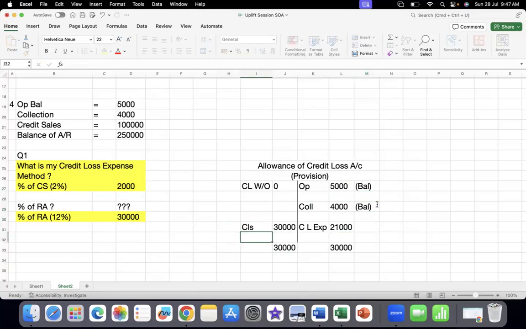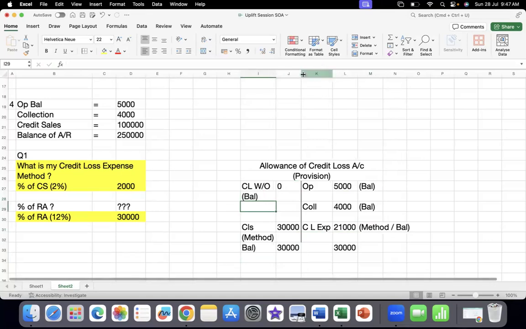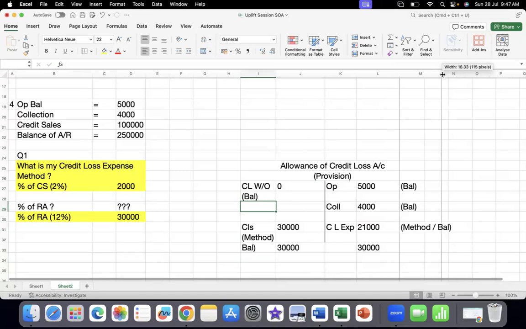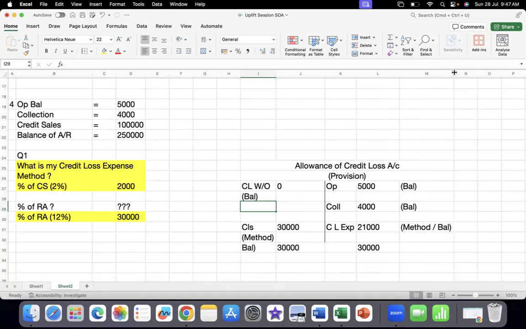Closing balance, it is either method or balancing figure. And credit loss expense, it is either method or balancing figure. What about credit loss written off? It is always the balancing figure. So this is a bit of a complicated thing where you need to understand the things.